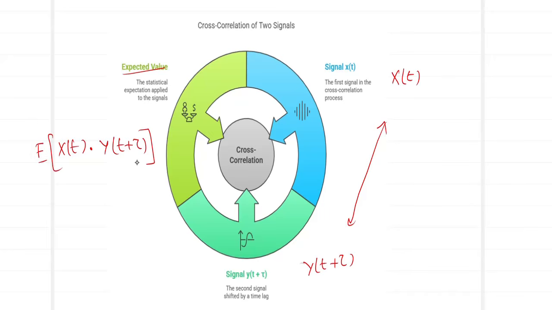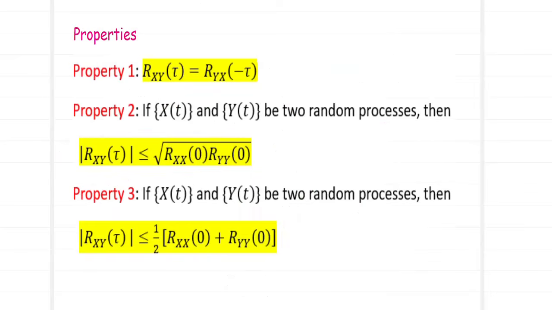So when you take expectation of this product, instead of two x, we have one x and the other one as y. So you write it as Rxy, and the delay in time will be t plus tau minus t, so the difference will be equal to tau. That is the cross correlation which is going to be available for us. So the cross correlation of two signals is nothing but the expected value of x of t product y of t plus tau.